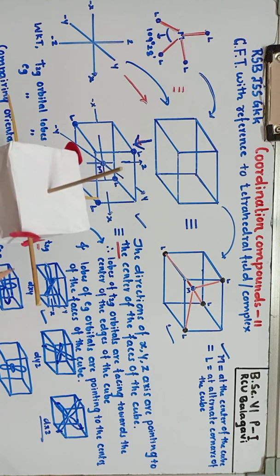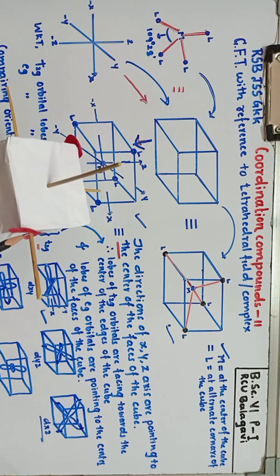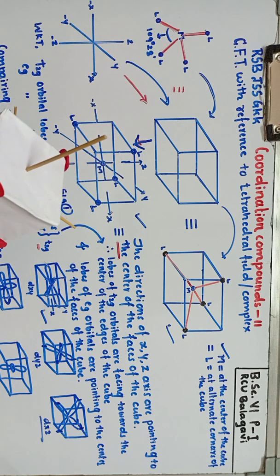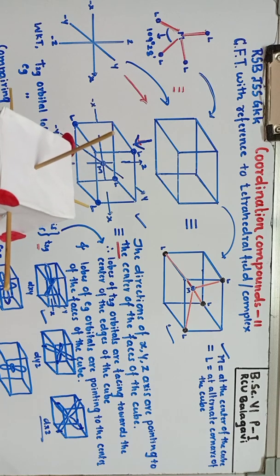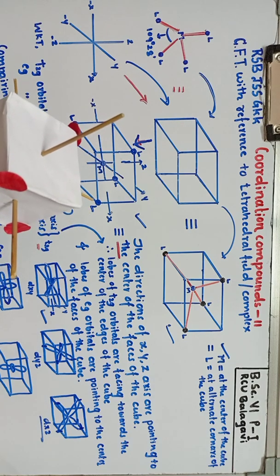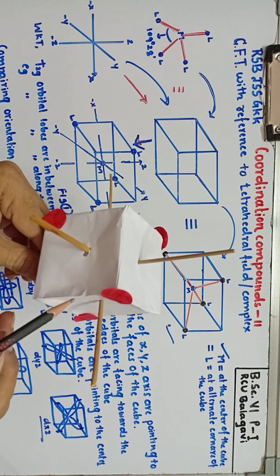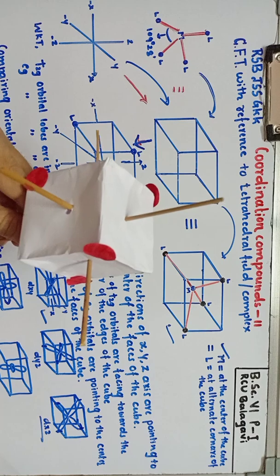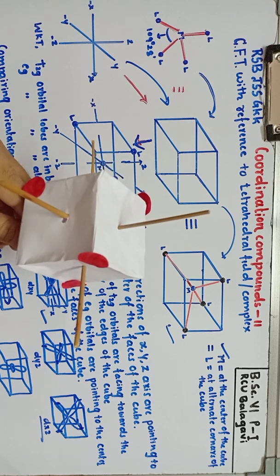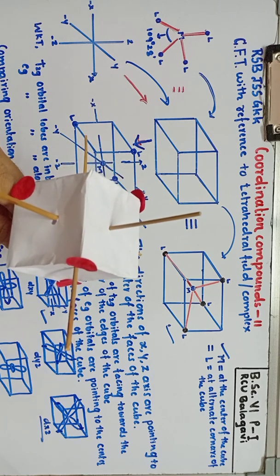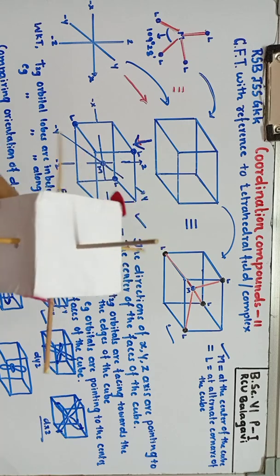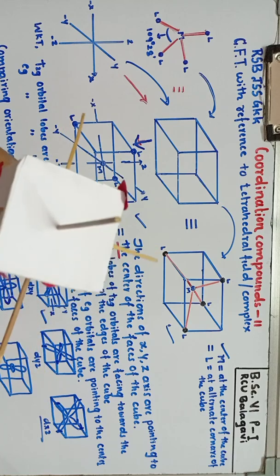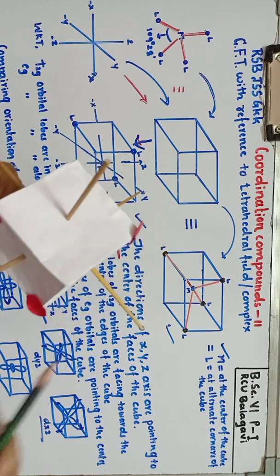That means indirectly we can say that Eg orbital lobes are exactly pointing towards the center of the face, and T2g orbital lobes are exactly pointing to the center of the edge of the cube. Okay. Similarly, if you take this dx2-y2 orbital, the lobes will come exactly here and exactly opposite to here, and one more exactly here, and another one here.